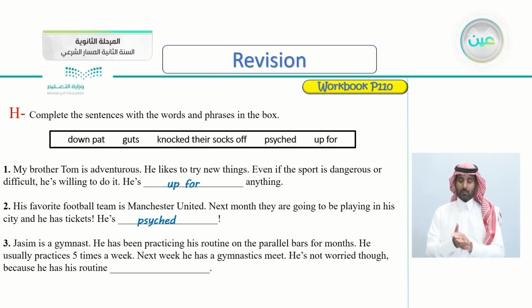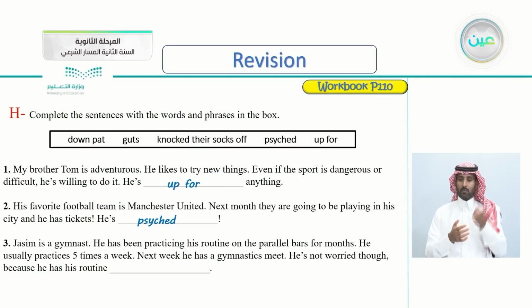Number 3, Jassim is a gymnast. He has been practicing his routine on the parallel bars for months. He usually practices 5 times a week. Next week, he has a gymnastics meet. He's not worried though, because he has his routine. Because he has his routine, what?